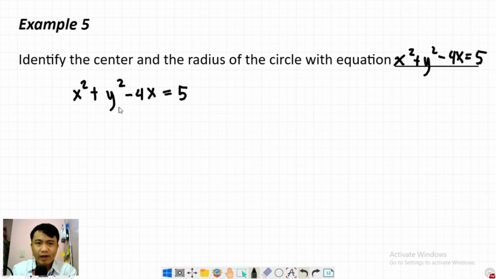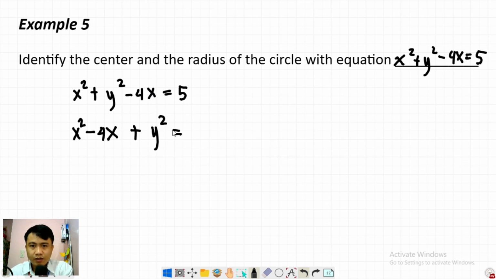Ganon din yung mga may y. So, we have x squared minus 4x. O, pinagtabi ko yung dalawa kasi may x sila. Plus y squared. Ito wala ko itatabi kasi walang y. Equals, yung may y, yung y squared lang. Itong constant, dyan lang sa kanan. Sana nakuha nyo yun, no?